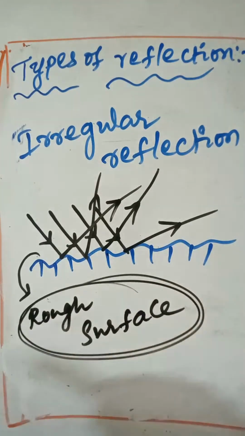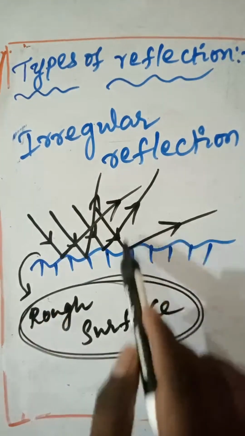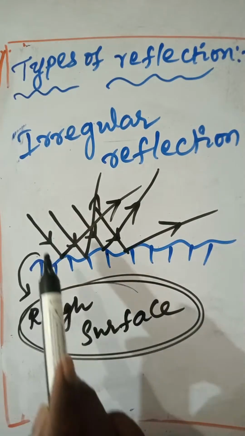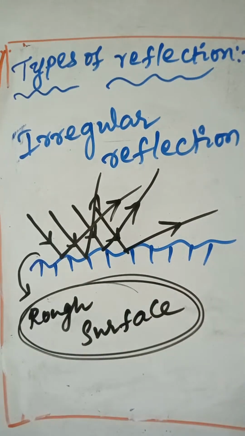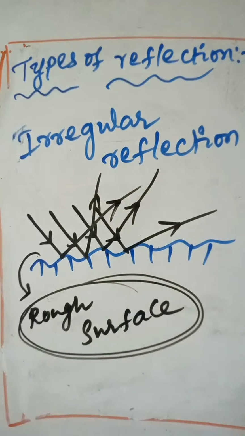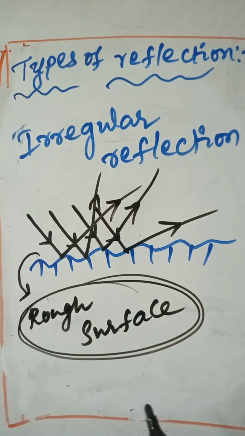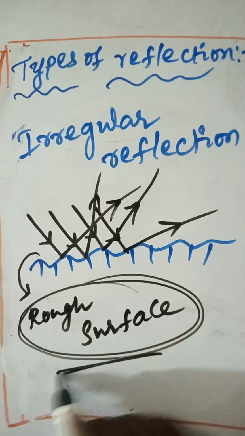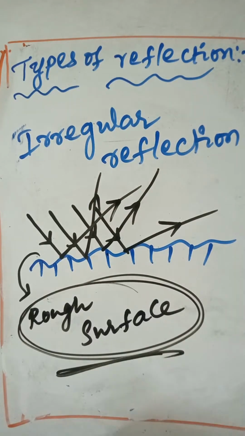The incident beam is parallel but the reflected beam is not parallel. So this type of reflection is called irregular reflection. Here you can see the incident beam and the reflected beam; that is not parallel. Clear? So on a rough surface, irregular reflection takes place.